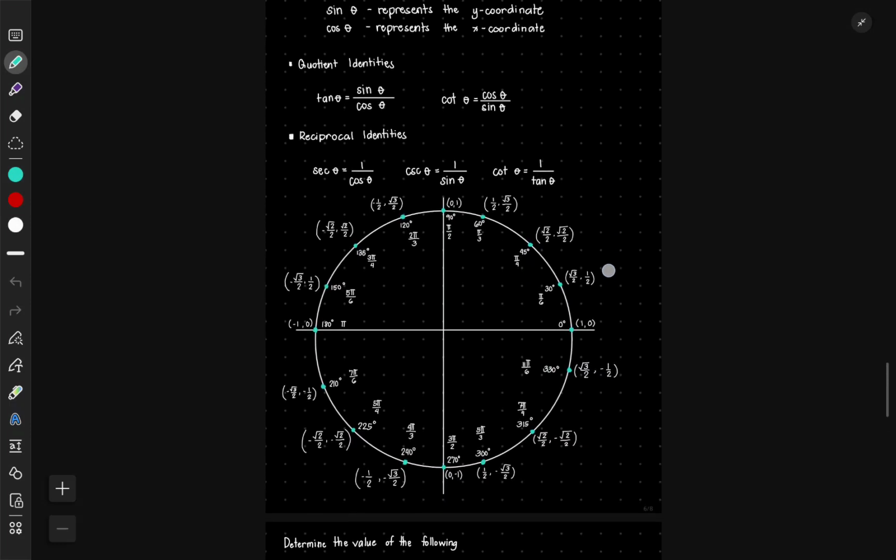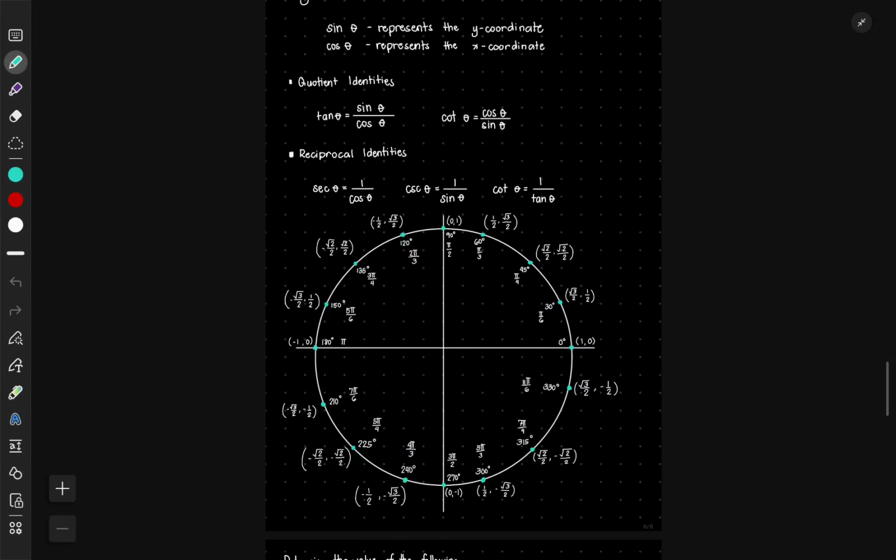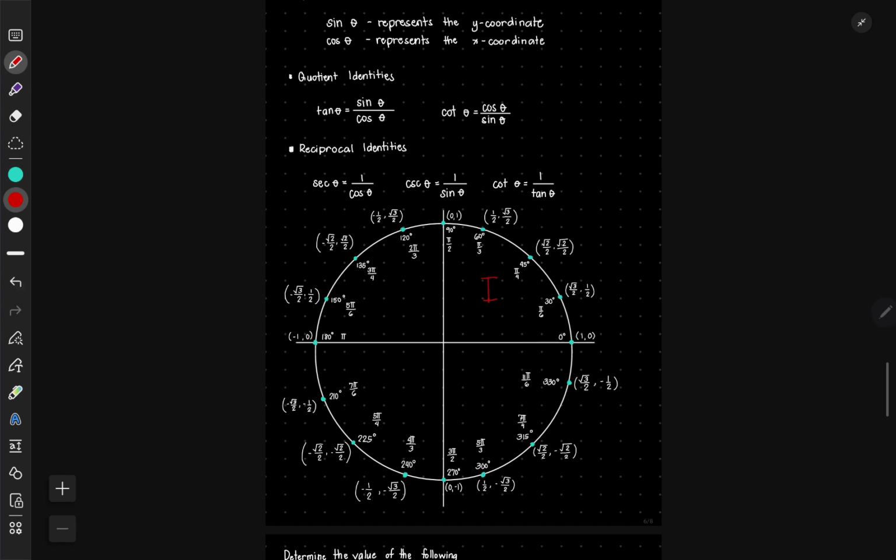So, after nating i-discuss yung anim na trigonometric functions, ito yung unit circle natin. Isang revolution is 360 degrees. Yung unit circle natin, meron tayong apat na quadrant: the first, the second, the third, and the fourth quadrant. Dito sa first quadrant, yung x-coordinate natin is positive, and yung y-coordinate is also a positive value.